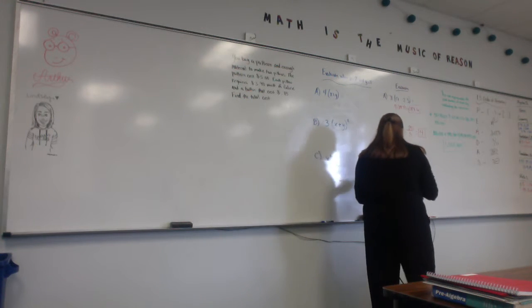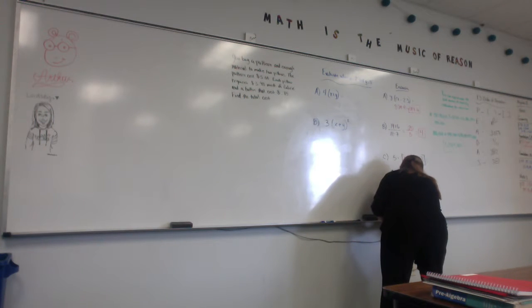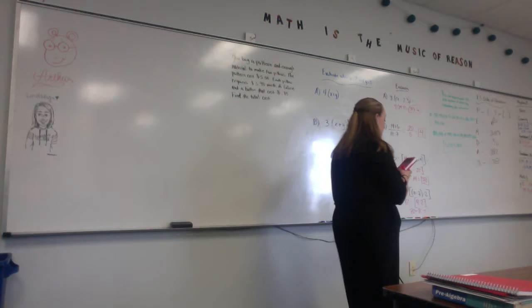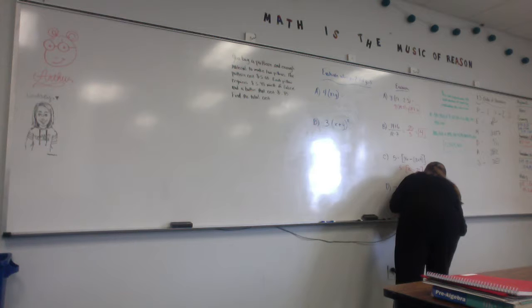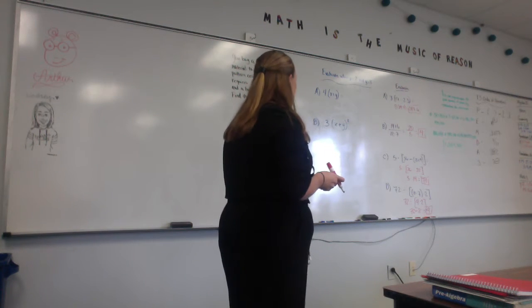Yes, 4. So I get 4 times 2 in my brackets. So what's 4 times 2? 8. And so then I have 72 divided by 8. What's that? It's 9.